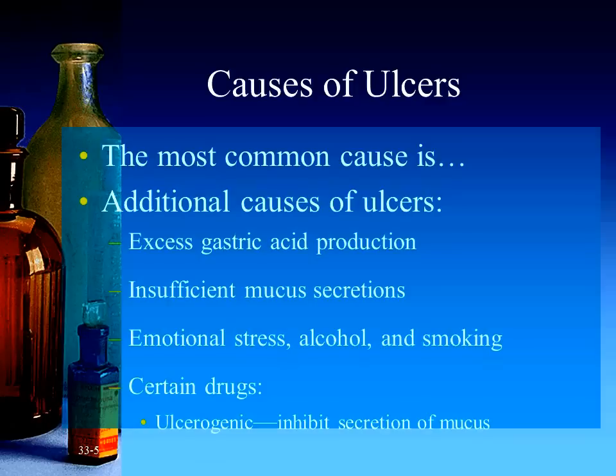Recently, clinical research has shown that this H. pylori bacteria is found 100% of the time in patients who have chronic active duodenal ulcers. So years ago, when we used to think other causes were the primary causes of ulcers, it is not the case. This bacteria seems to be the most common cause.